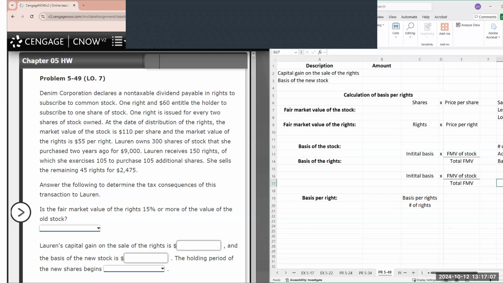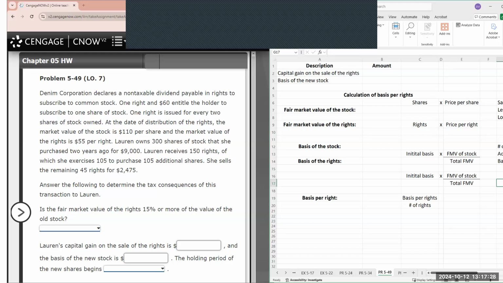She sells the remaining 45 rights for $2,475. So the first part of the question is, is the fair market value of the rights 15% or more of the fair value of the stock?